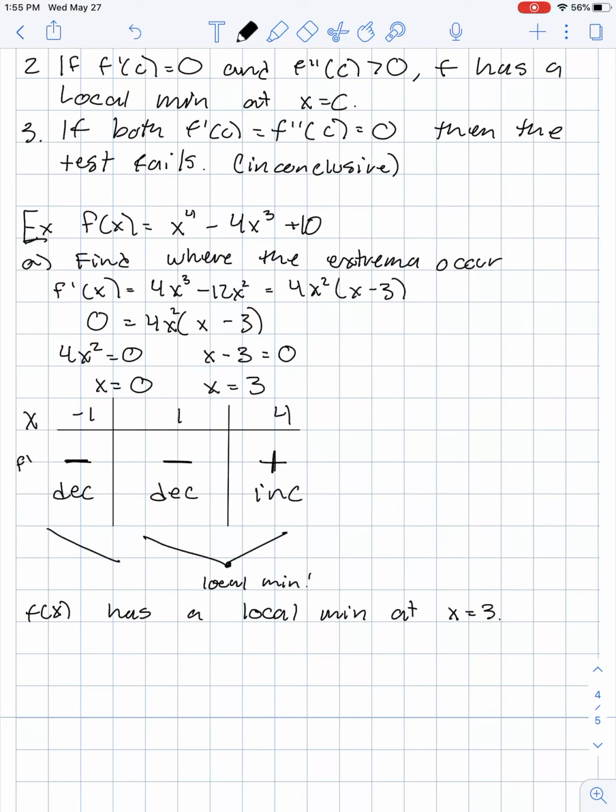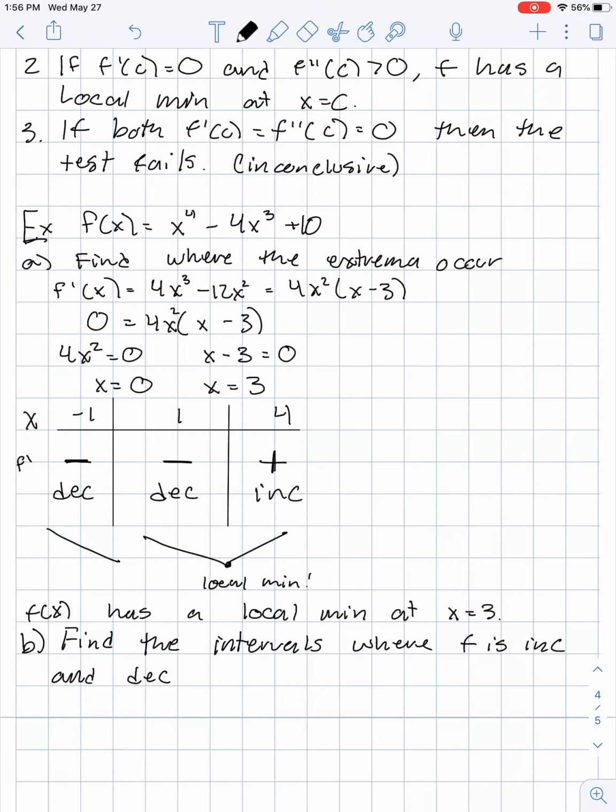So now part B asks us to find the intervals where f is increasing and the intervals where f is decreasing.